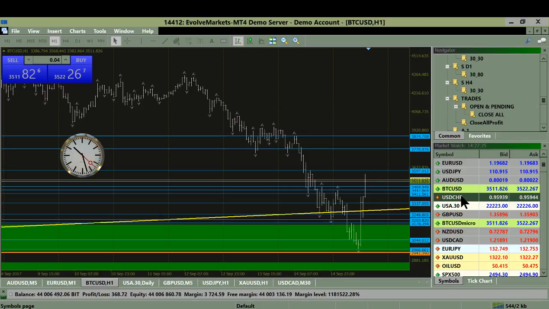Uh-oh. Platform not responding. I get that a lot with this broker. Evolve Markets, their platform's unstable. If I change time frame, request data, it's not responding.